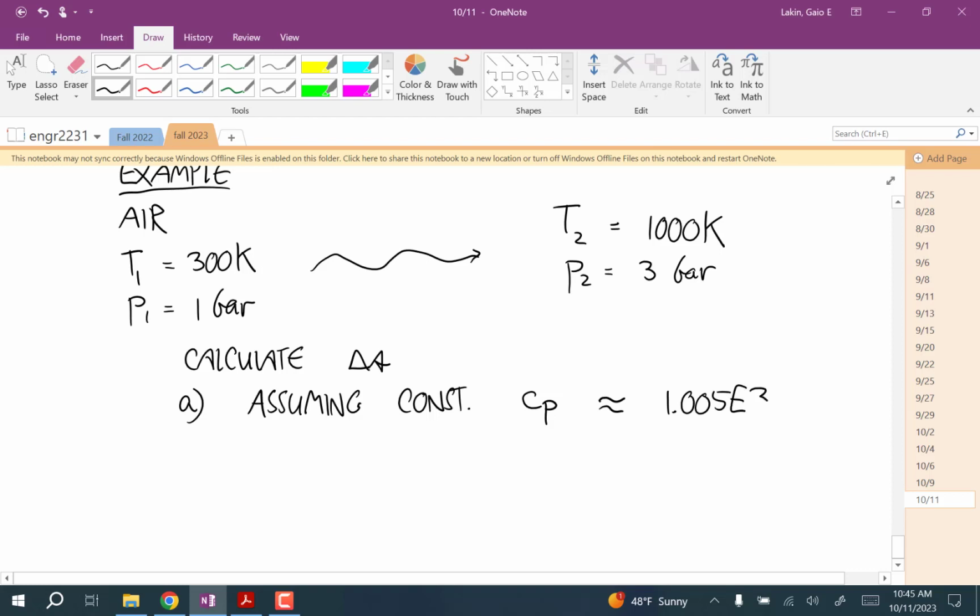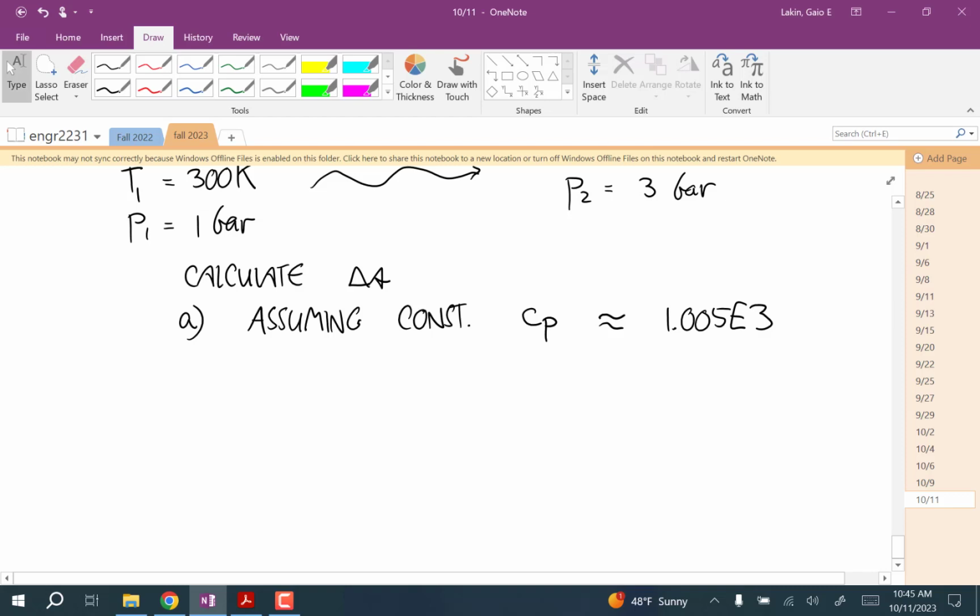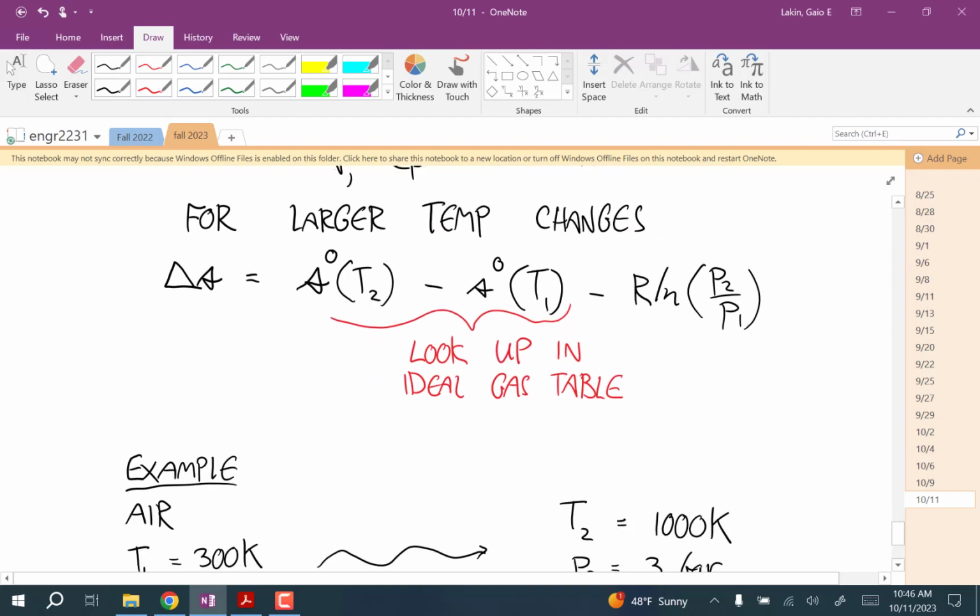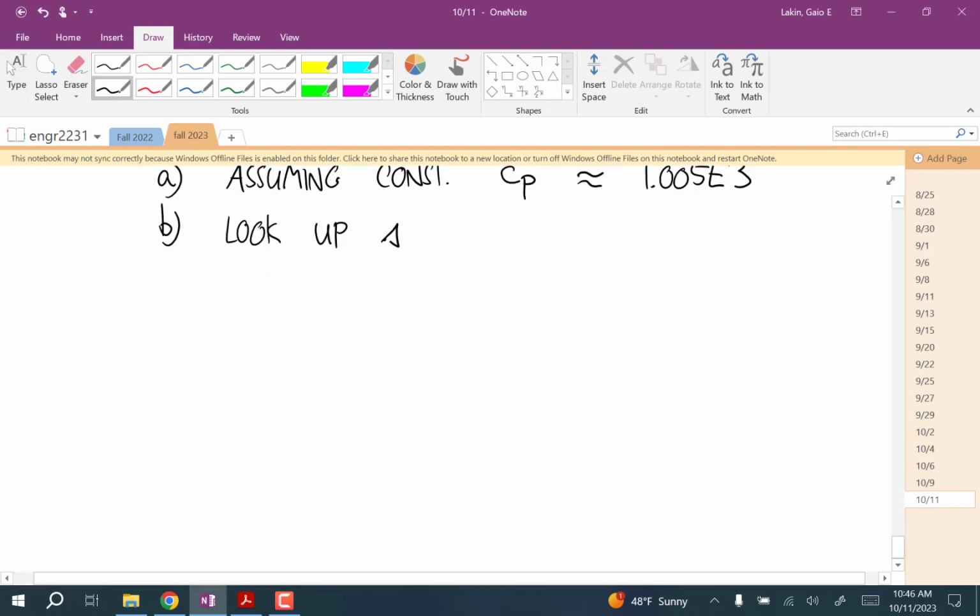That's kind of in the middle of that temperature range. And second, we're going to look up this S sub 0 or S super 0 in the table.